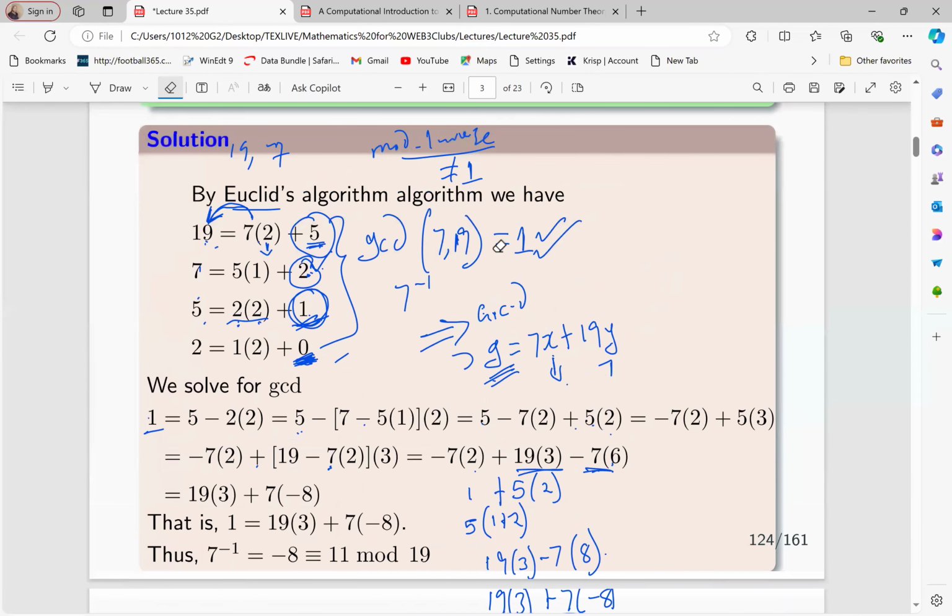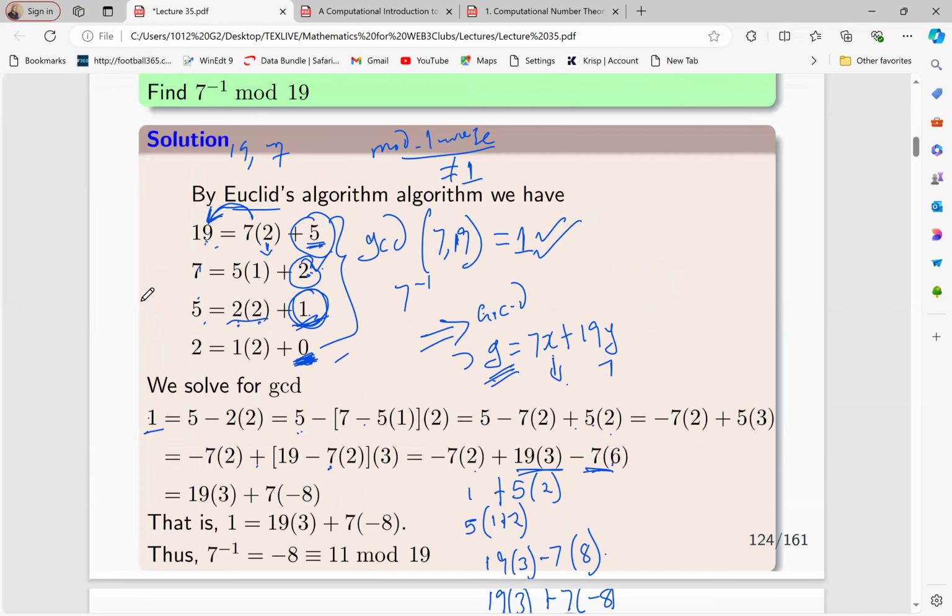It will have the function to perform the Euclidean algorithm, so that it gives us the GCD, and then after that, express that GCD in terms of the two coefficients, to write that GCD as a linear combination of the two numbers. The two numbers, in this case, are 7 and 19.